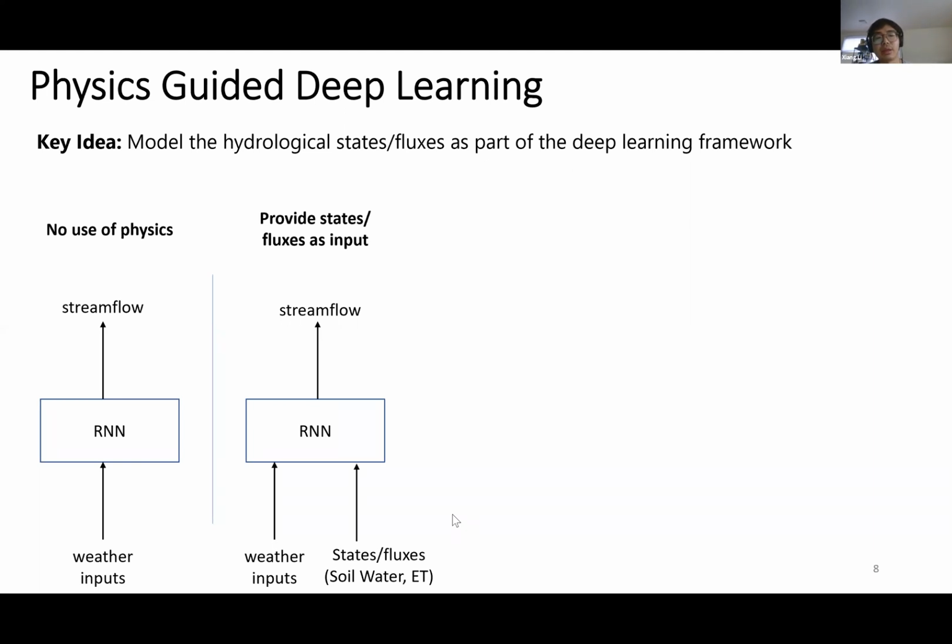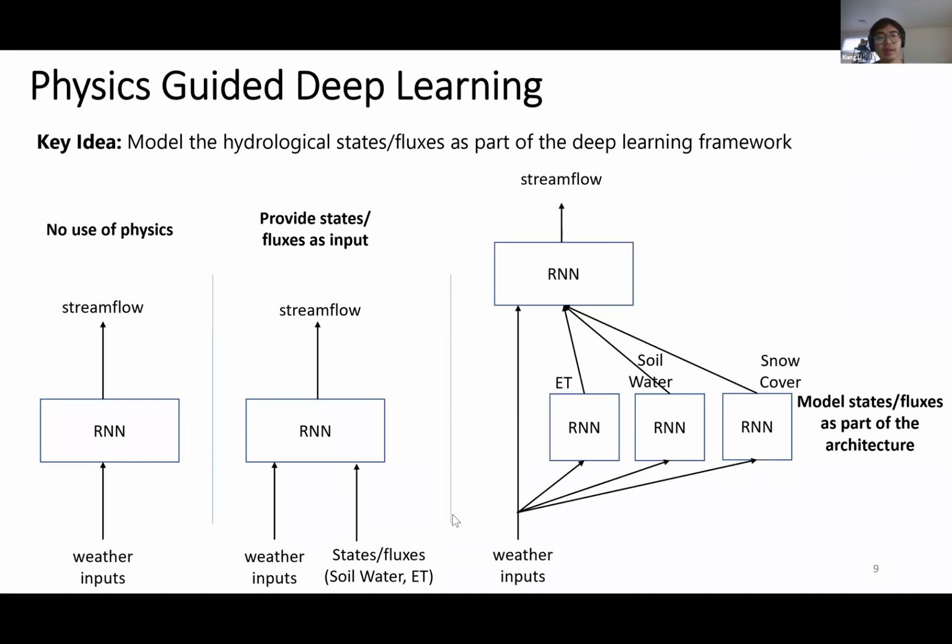And another thing, if we know a little bit about physics, we could know that there are certain state variables connecting weather and the stream flow that shall not be neglected, such as the soil water and evapotranspiration. And in another framework, if we want to incorporate more physics, we not only feed in those variables, we use machine learning to model those important hidden variables that play a very important role in stream flow generation because they exist in the hydrological cycle.